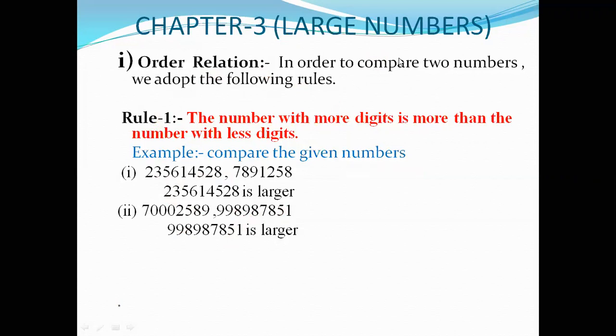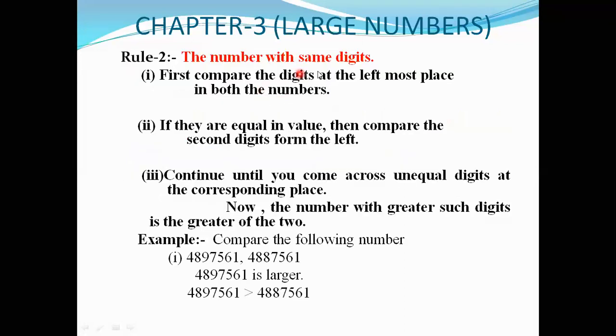Now the next is the second rule. What is the second rule here? Second rule: the numbers with the same number of digits. What will happen if the numbers have the same number of digits? Here is an example: 1, 2, 3, 4, 5, 6, 7.